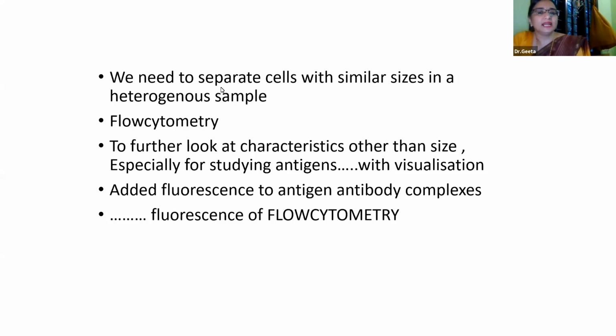Also, this antigen should be specific for the type of cells we want to see. Example, if you want to do an experiment on enumerating the lymphocytes, then we should first get all the lymphocytes highlighted out from our population.